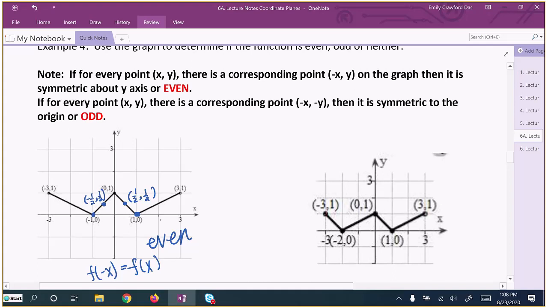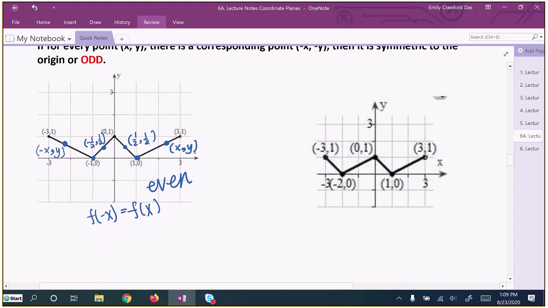If I take any x, I find its corresponding y value. Then, if I moved the same number of units away from the origin in the opposite direction, I should get the exact same y value. That is symmetry with respect to the y-axis. Perfect.